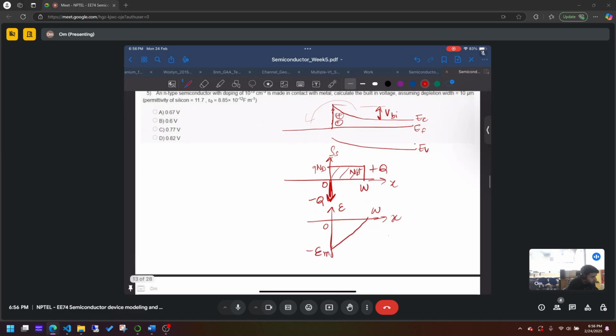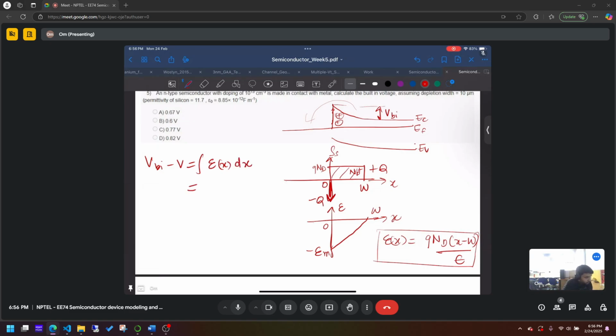So this electric field E of x, if we do the Poisson's equation, like we did for the PN junction, this will be the electric field, and the potential is the integration of electric field into dx.